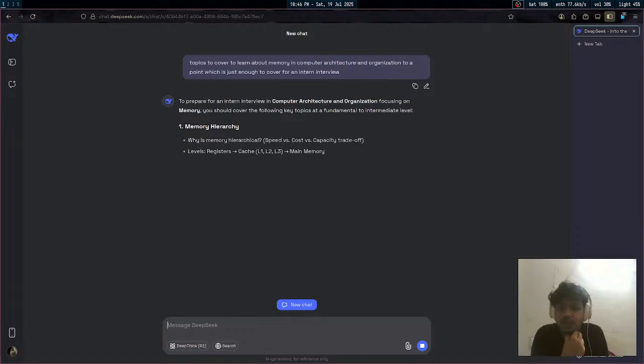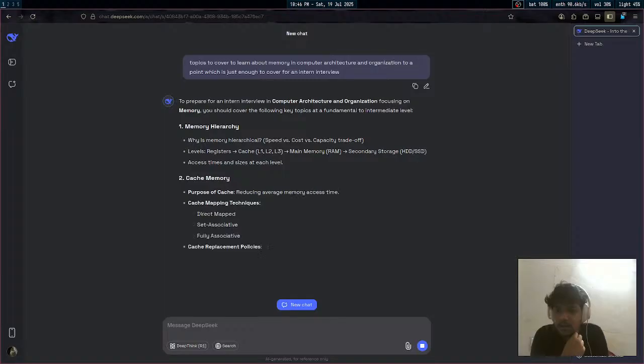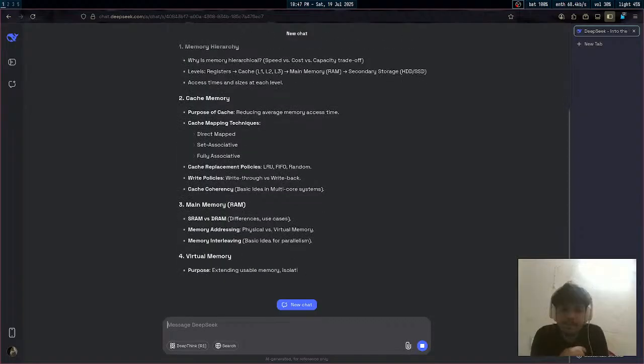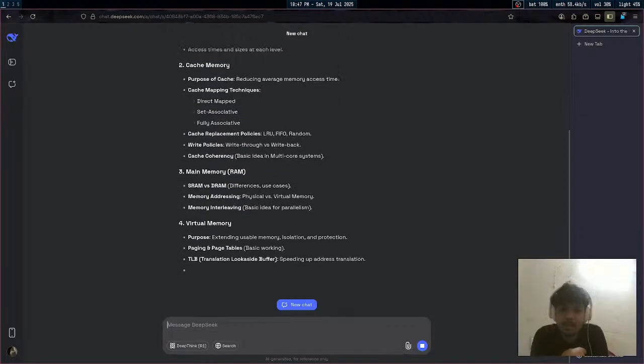Memory hierarchy. Okay, I will look into this. Cache memory, cache mapping techniques. Okay, replacement policies. Yeah. Main memory, RAM, virtual memory.